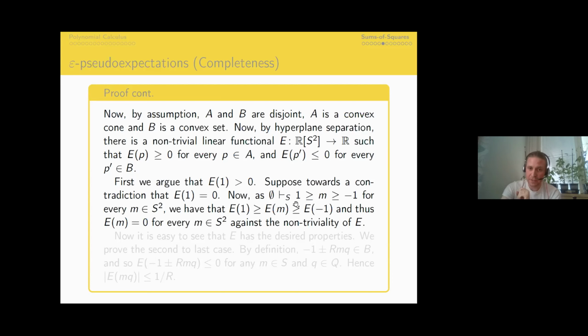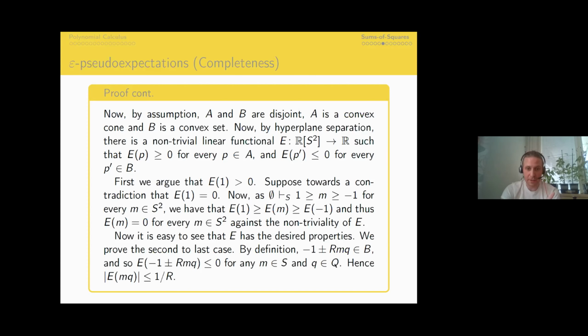From this it follows that if the constant polynomial 1 had value 0, then any monomial from S squared would also have value 0, which is against the assumption about the non-triviality of this linear function. So E is non-negative, and without loss of generality we can assume that E of 1 is actually 1, by scaling it appropriately.